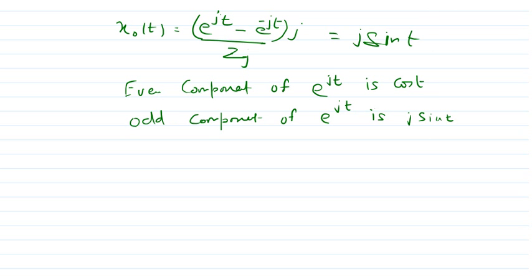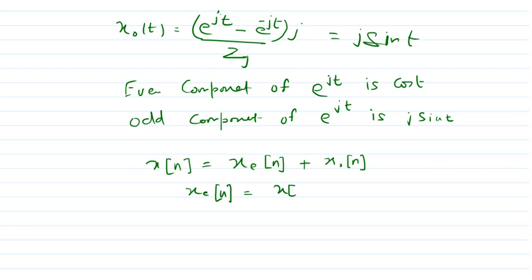Further, we can also represent the discrete time signal in terms of even and odd components, like we have x[n] equals xe[n] plus xo[n]. So basically this is xe[n], the even component of x[n], and xo[n] is the odd component of x[n]. So how to write xe[n]? That is x[n] plus x[-n] divided by 2.